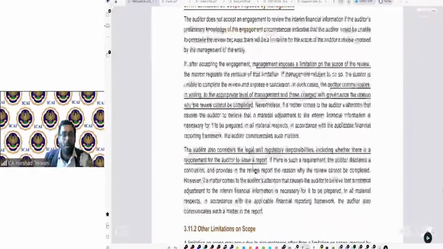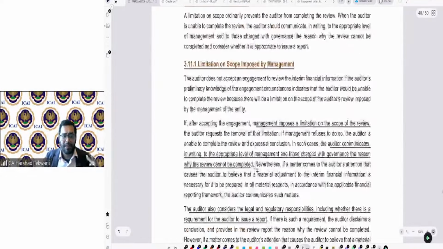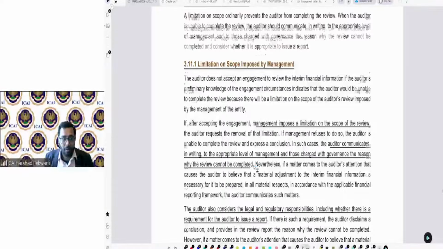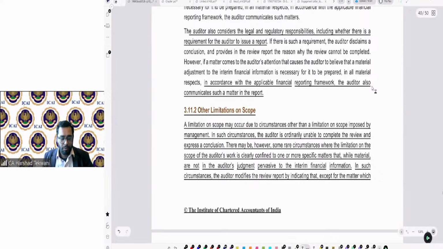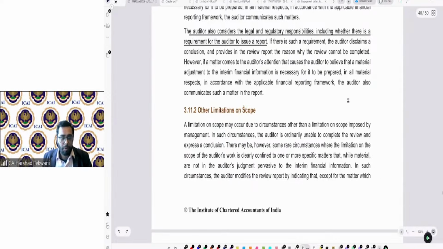Then he needs to communicate to those charged with governance and management the scenario, why there is a limitation. If he is not able to withdraw, then he needs to bring the matter of the limitation in his report. The auditor needs to communicate the matter in his report also.